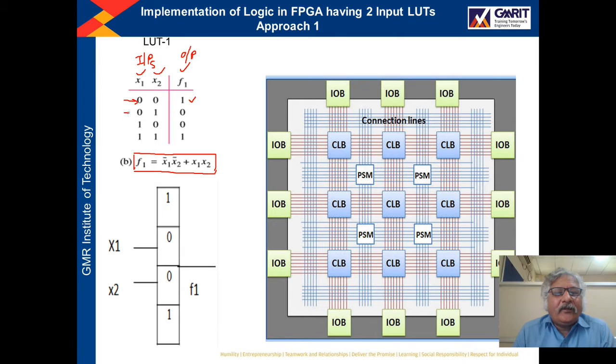If x1 is 0 and x2 is 1, then the output will be 0. If x1 is 1, x2 is 0, then also the output is 0. And if both x1 and x2 inputs are 1 and 1, then the output will be 1. So basically this is the logic of a 2-input XNOR gate. So this logic we want to implement.